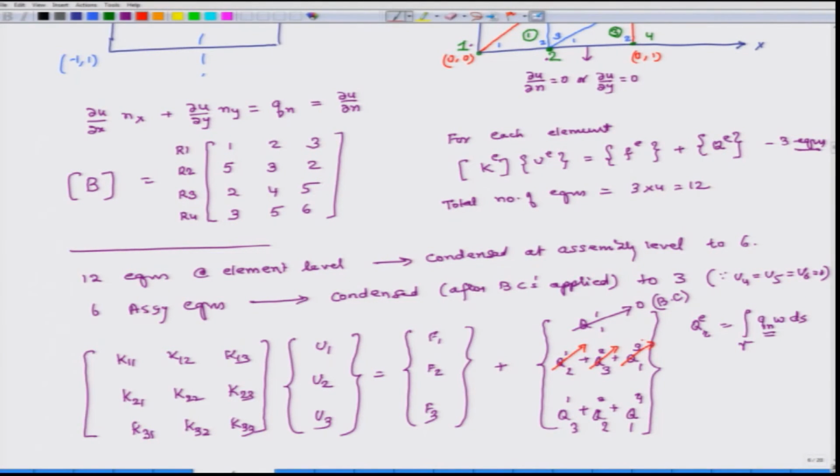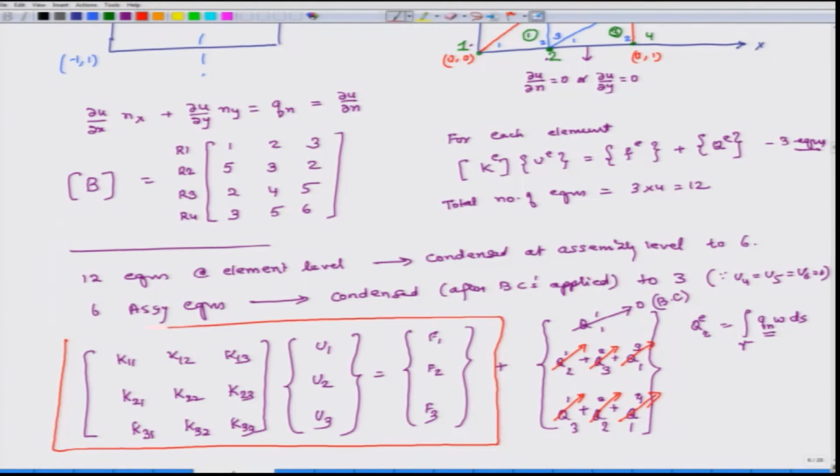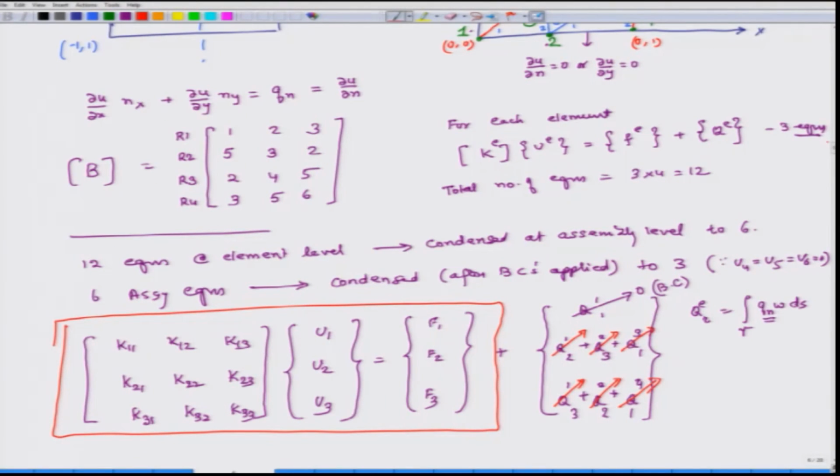They are all 0 individually because of the boundary condition. Same thing is true in this case. Because everything comes to 0, we do not worry about this, and we solve these equations and we get our solutions.